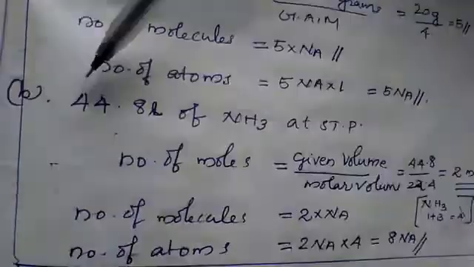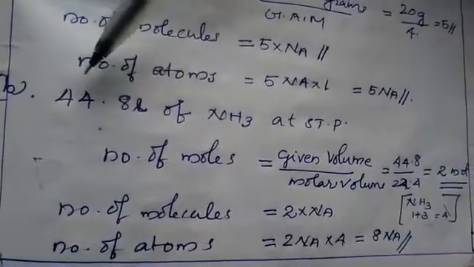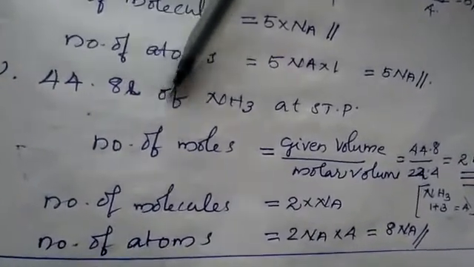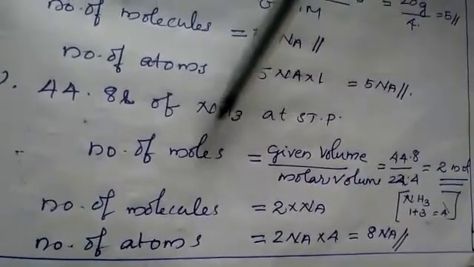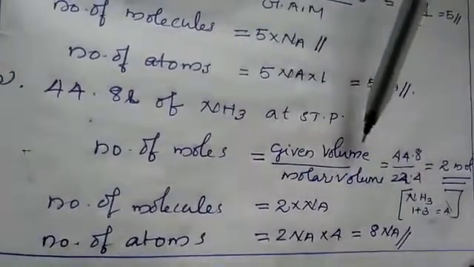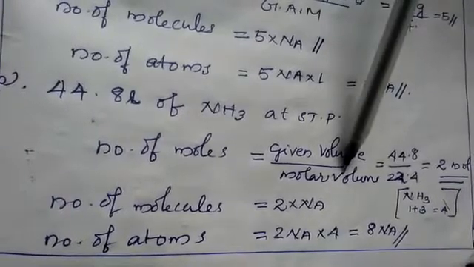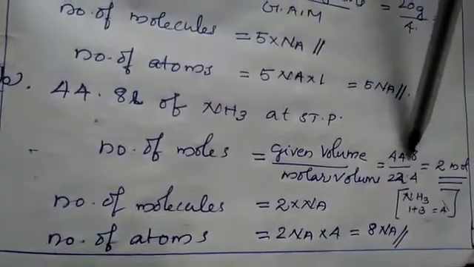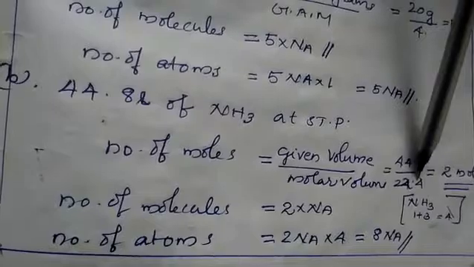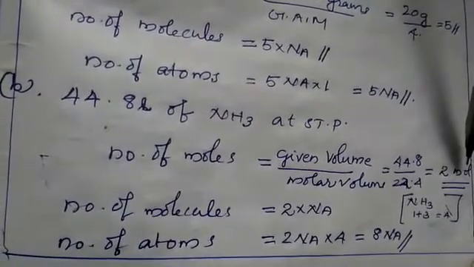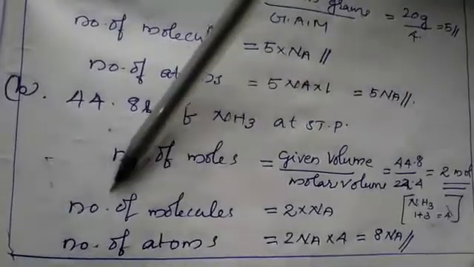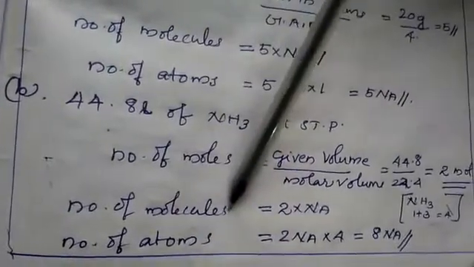Clear? Then for the second question, 44.8 liter volume is given. So which equation you have to write? Number of moles is equal to given volume divided by molar volume. Given volume is 44.8. So molar volume is 22.4, that is 2 mole. So number of moles 2 moles. Then how can we calculate the number of molecules?